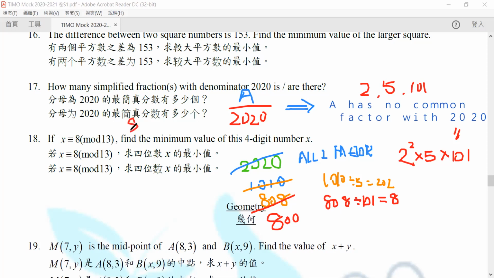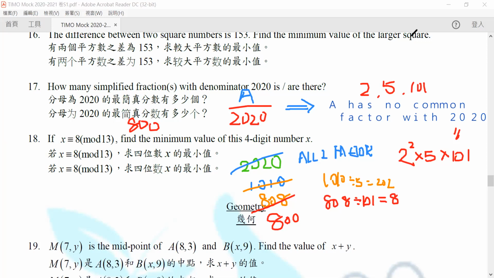So the answer is 800. This is exactly these 800 numbers, because we cross out all the numbers from 1 to 2020 which have a factor of 2, which have a factor of 5, and which have a factor of 1001. Okay? So the answer is 800.